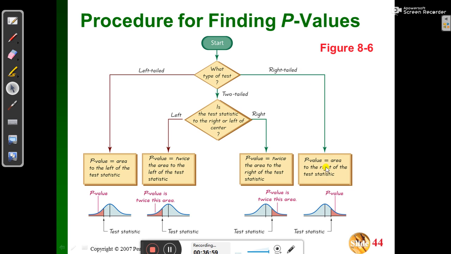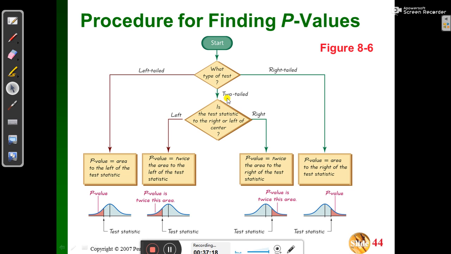In case of a right tail test, the p-value is equal to the area to the right of the test statistic. This is the test statistic value, the z value, and the p-value should be equal to the area to the right of the test statistic.